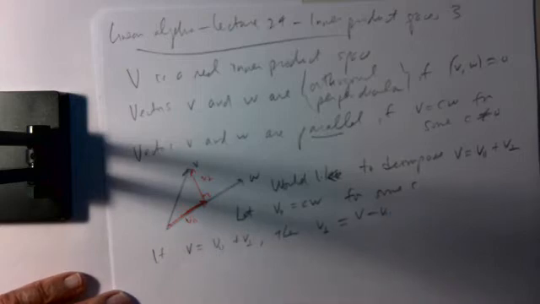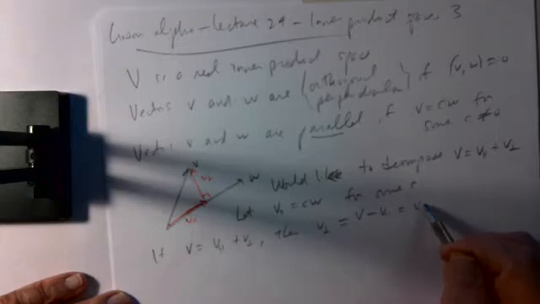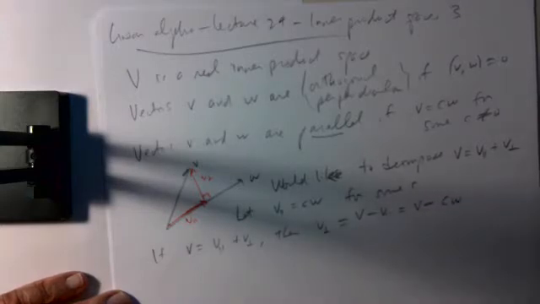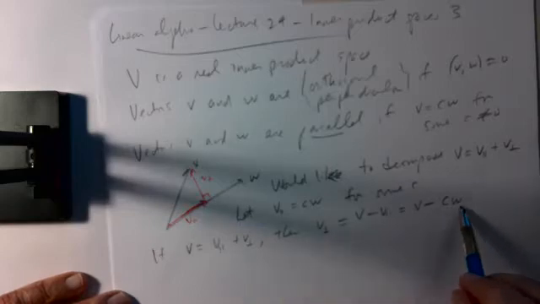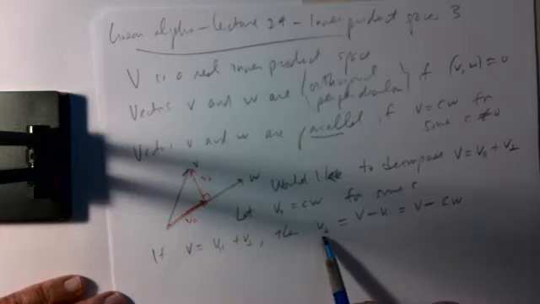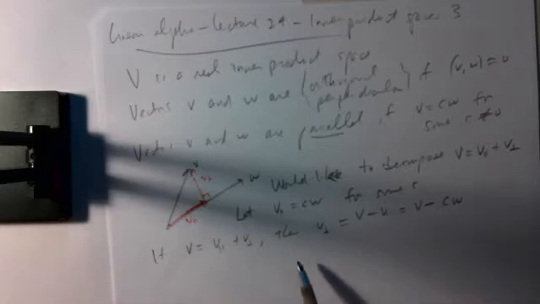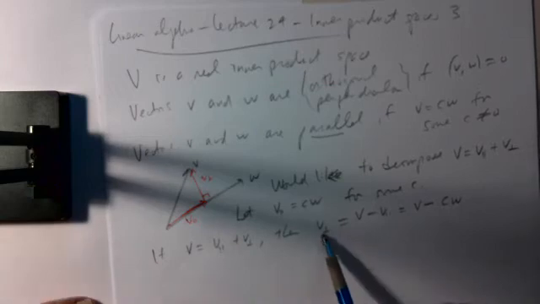Just subtract this from this, which is V minus some scalar times W. So V perp is V minus CW, but V perp, this perpendicular vector, that perpendicular means the inner product with W is 0.